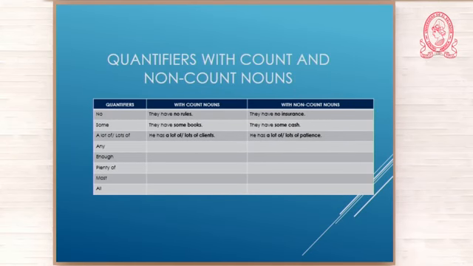Here we have a group of quantifiers that can be combined with count and non-count nouns. So it is possible to combine them with any count or non-count. For example, we have here no. That is a quantifier, okay? And then let us see the example here with a count noun.